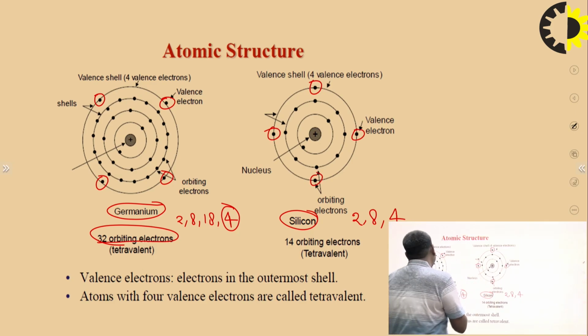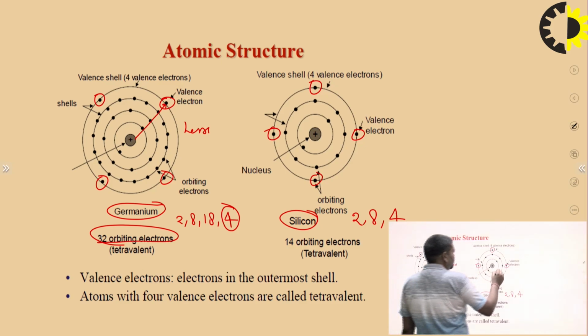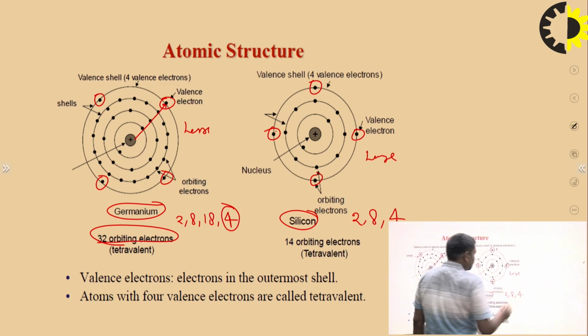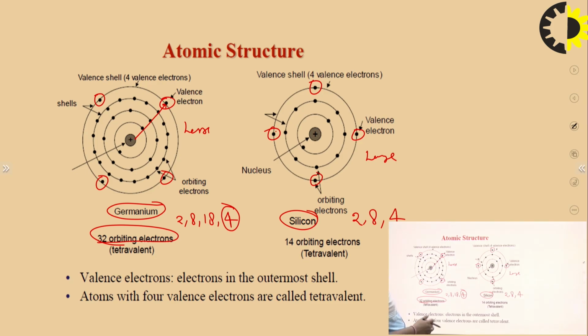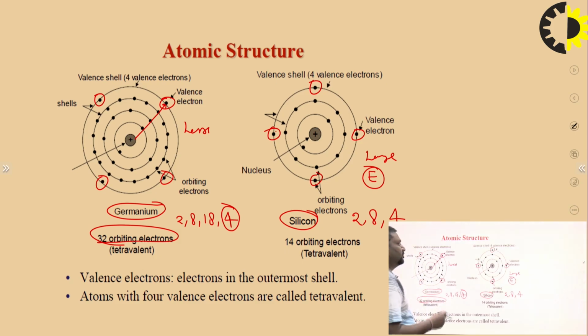The binding energy of these outer electrons is less, but the binding energy of the inner electrons is large. To migrate from the valence band to the conduction band, a high electric field has to be applied.